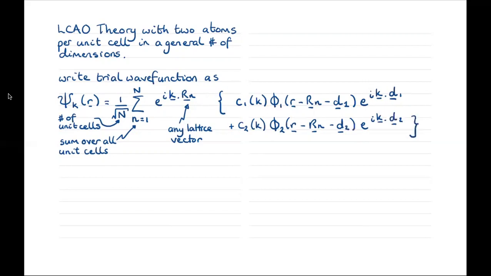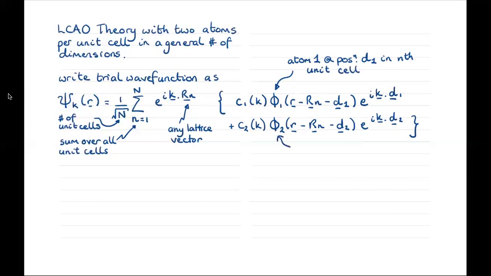Of course, if we had more atoms, we'd have an extra coefficient and an extra local orbital wave function for each atom. So just to recap, phi 1 is the wave function describing atom 1 at position d1 in the nth unit cell.